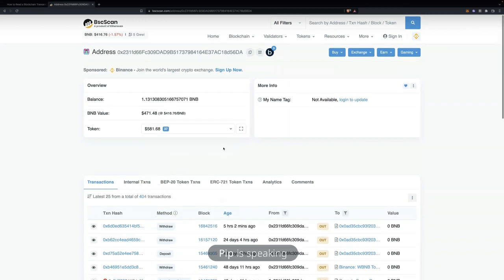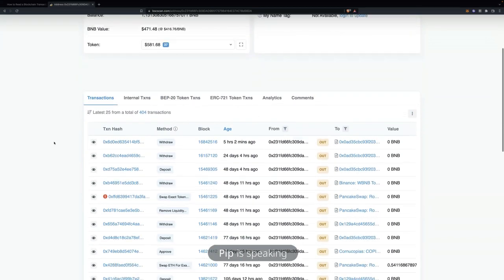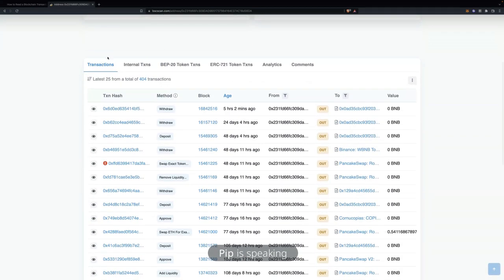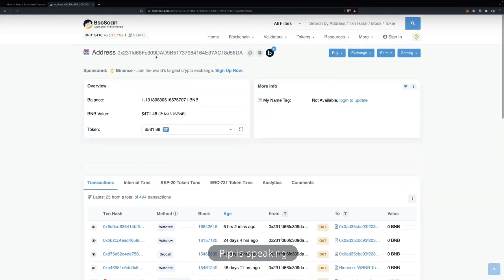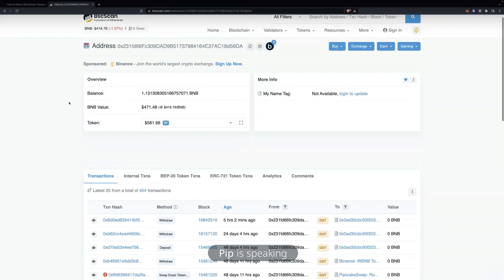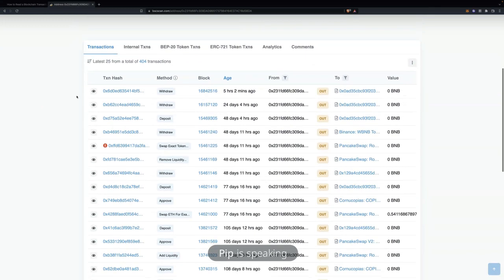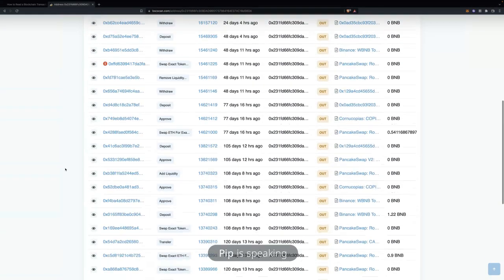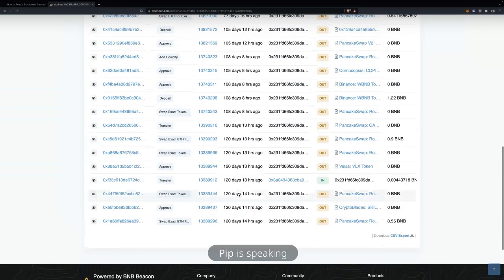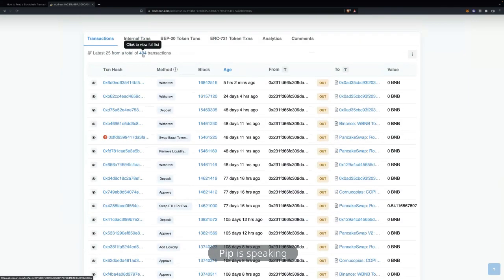Now, let's go down, because this is where things become interesting. This is where we actually see what has happened as far as this particular address on the blockchain since the very beginning. So you can see here, latest 25 from a total of 404 transactions. So this is only showing you 25. If you wanted to see more, you have to go here and you can see the full list.